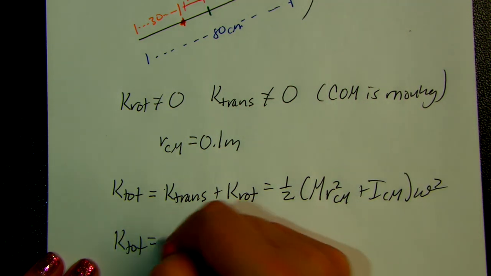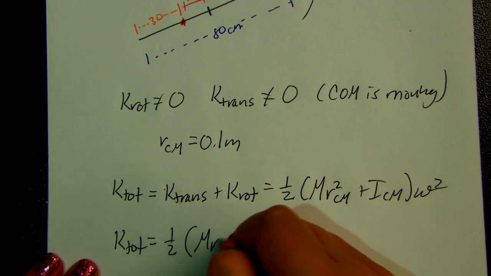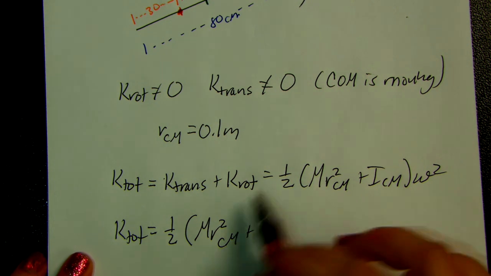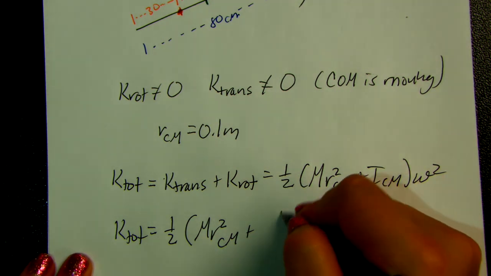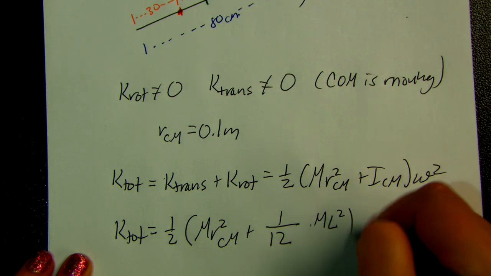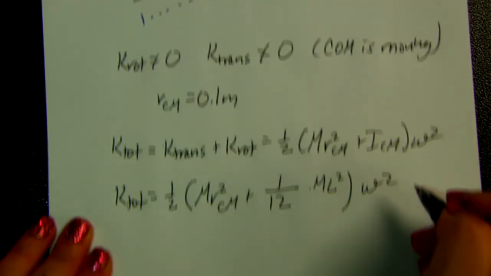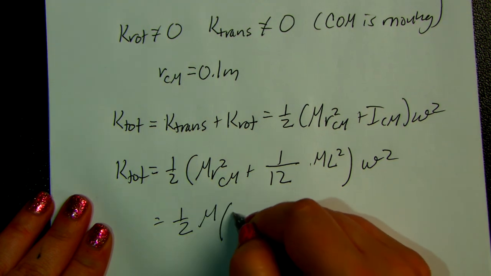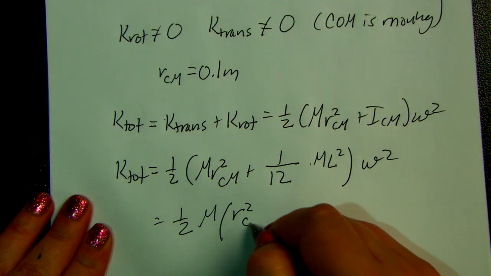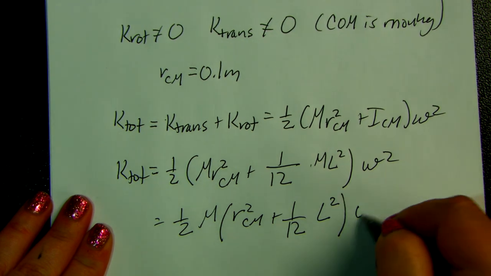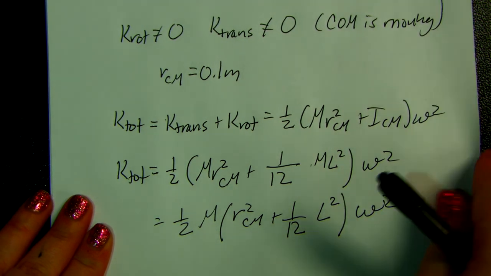K total is equal to 1/2 (m RCM squared plus, we're dealing with a rod, so that's going to be 1/12 m L squared) omega squared. We'll factor out that m: 1/2 m (RCM squared plus 1/12 L squared) omega squared.